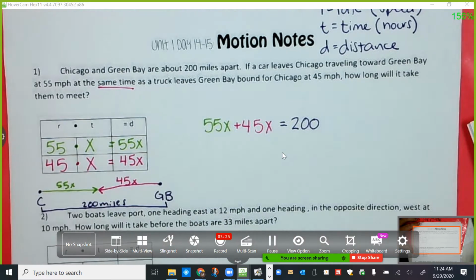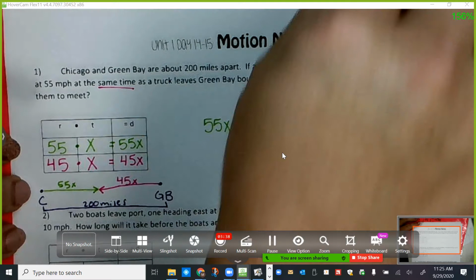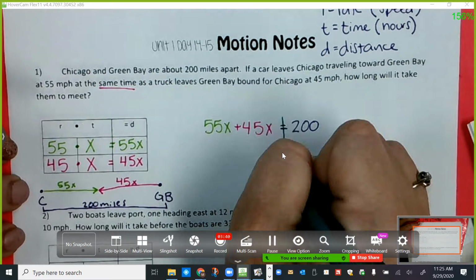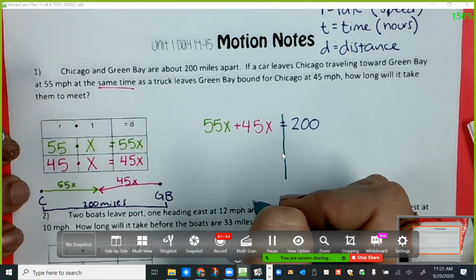Because we're trying to find where they meet and their total distance would have been 200 miles. Okay, so how do I solve that? You add like terms. What's 55x plus 45x? Isn't that 100?